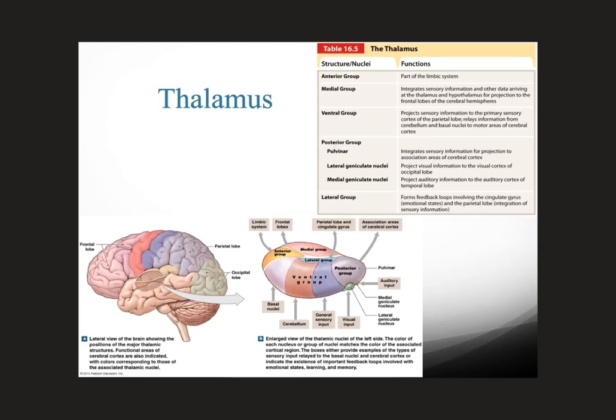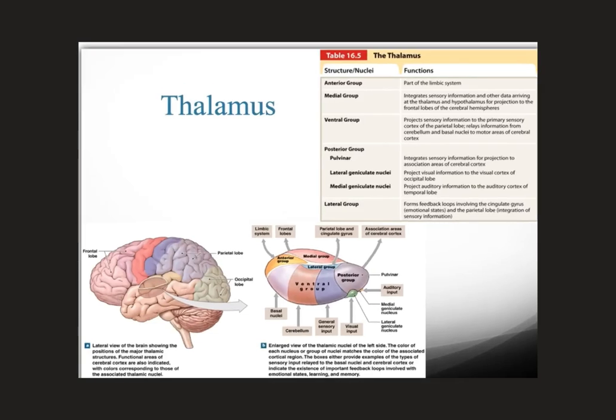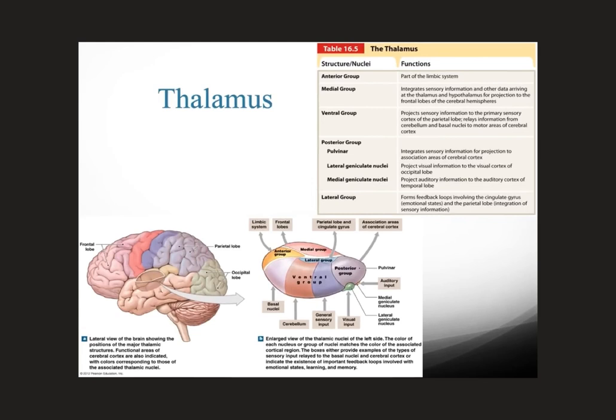There's going to be a little dot that we call interthalamic adhesion, and therefore on one side of the hemisphere you're going to have the right thalamus, on the other side the left thalamus. So that's why we say there's a right and left thalamus.